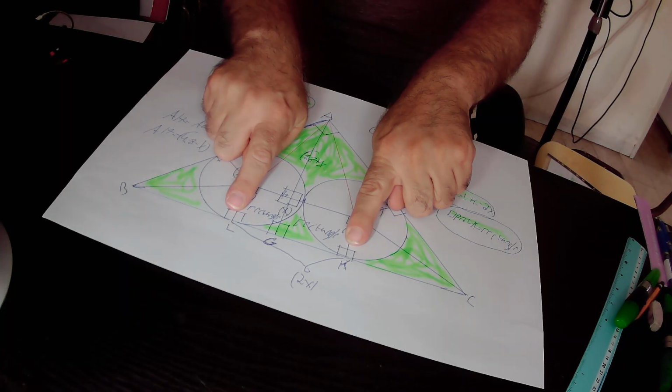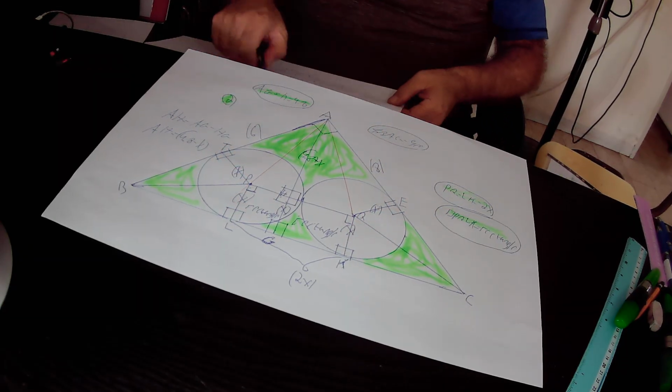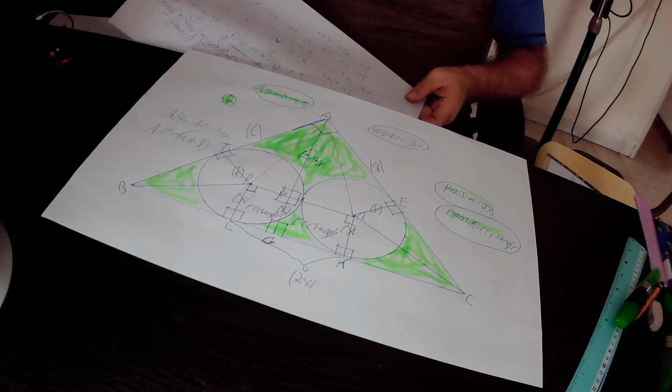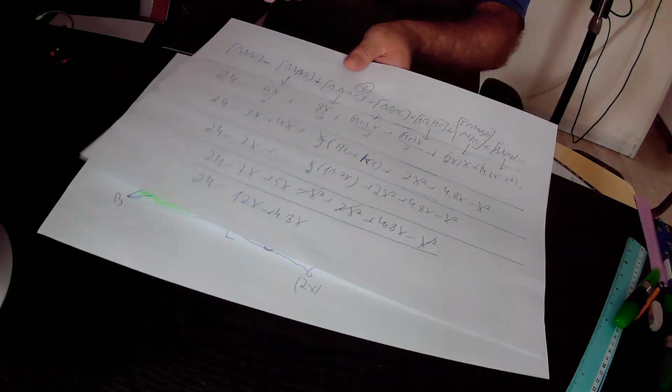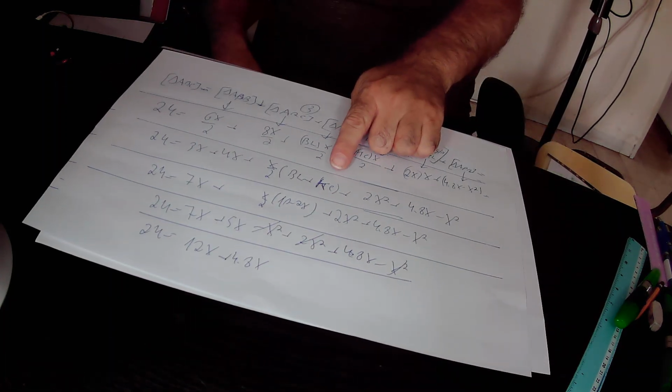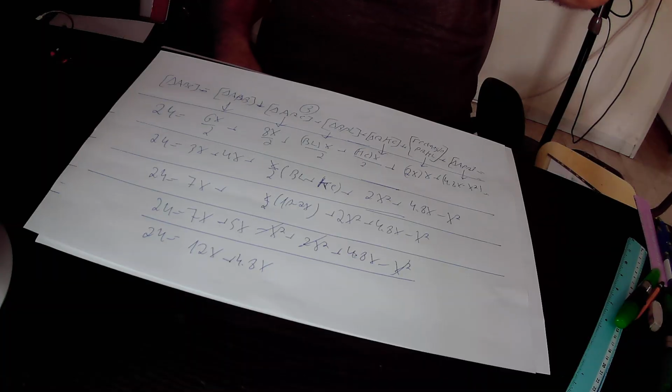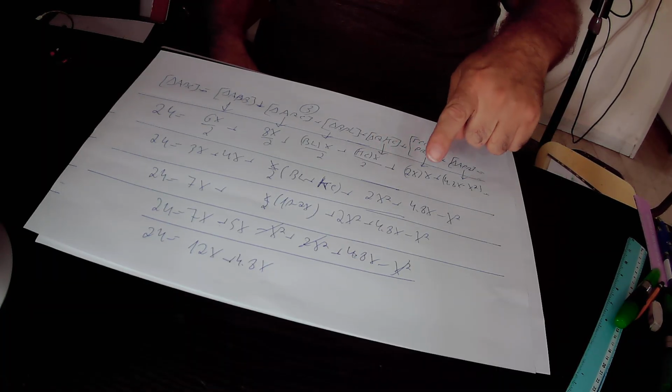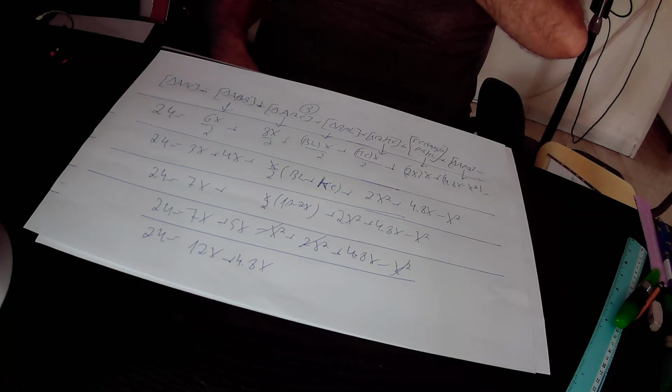BC is 10, LK is 2x. So in total, BL plus KC equals 10 minus 2x units in length. And we have 2x squared plus 4.8x minus x squared.